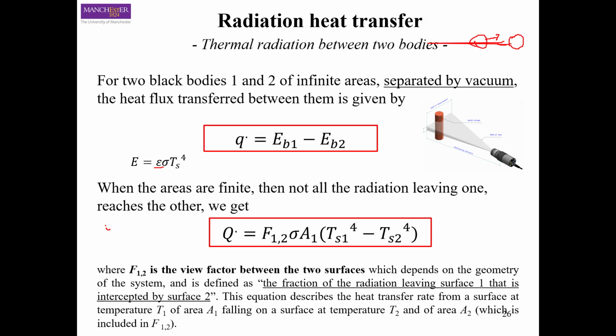For example, you have an object that has an area A1, and then you have another object that has an area A2.